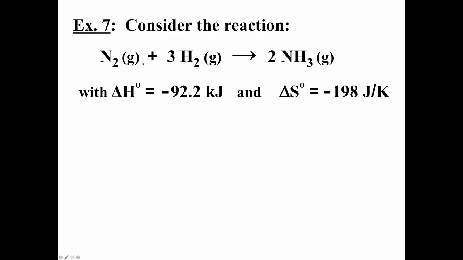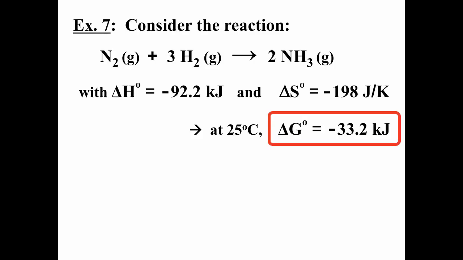For the reaction of nitrogen and hydrogen to make ammonia, delta H is negative 92.2 kilojoules, so the reaction's exothermic, and of course it is enthalpy favored. The delta S for this reaction is negative 198 joules per Kelvin, so that's a negative delta S, so the reaction is not entropy favored.